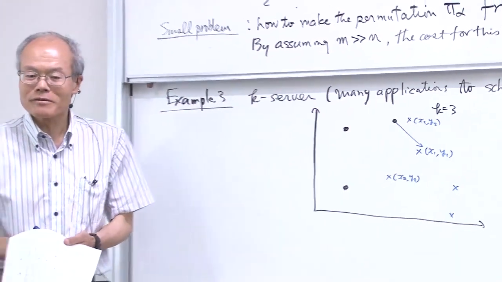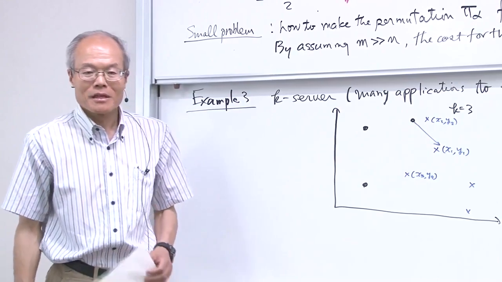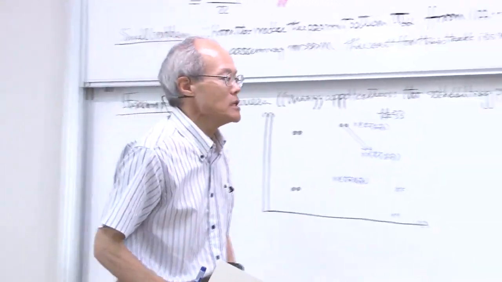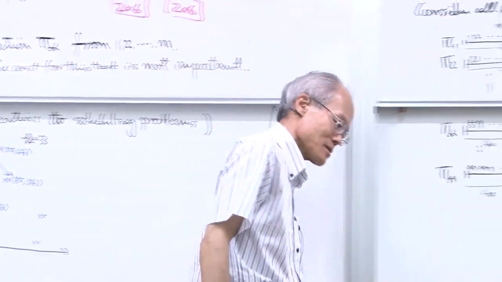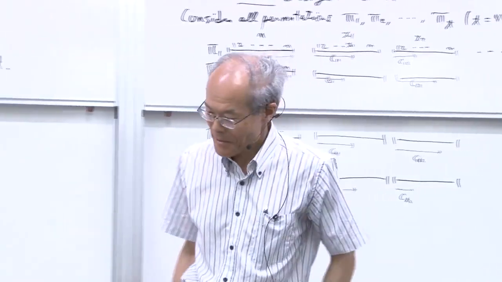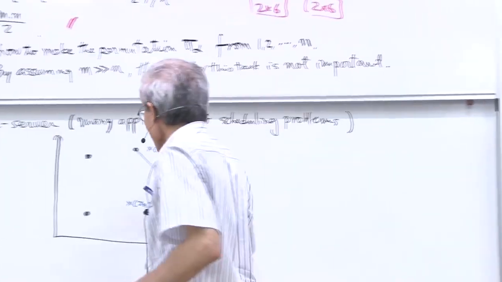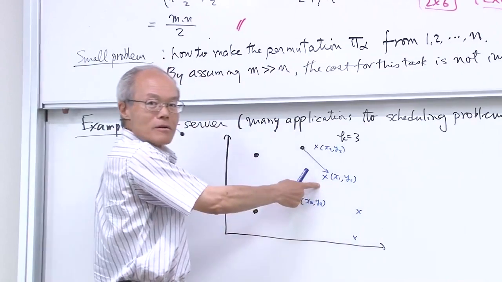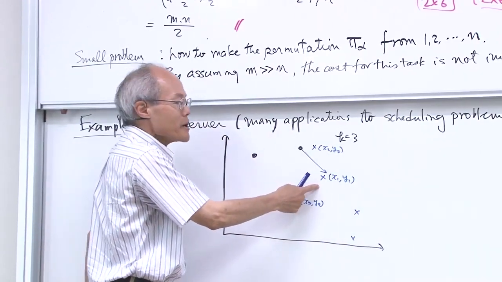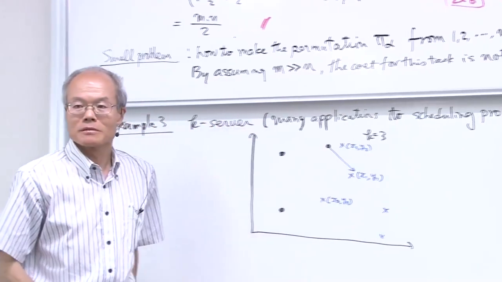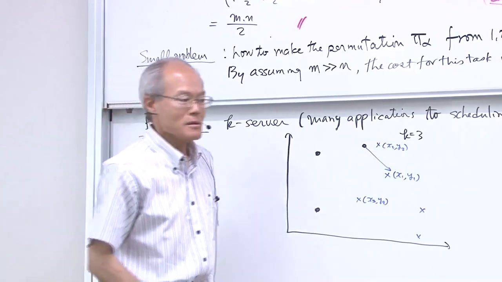And this is, of course, an online problem. That means you don't have any information about the future requests. This is the first request, then you don't know where the second request comes.